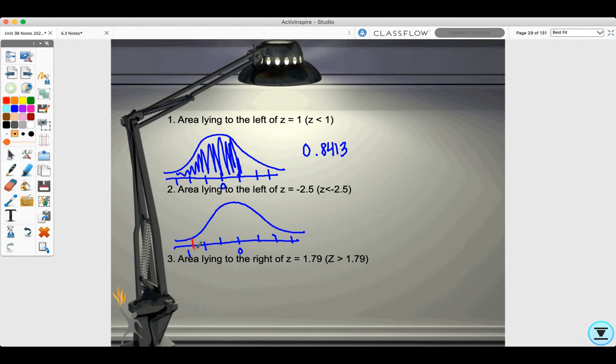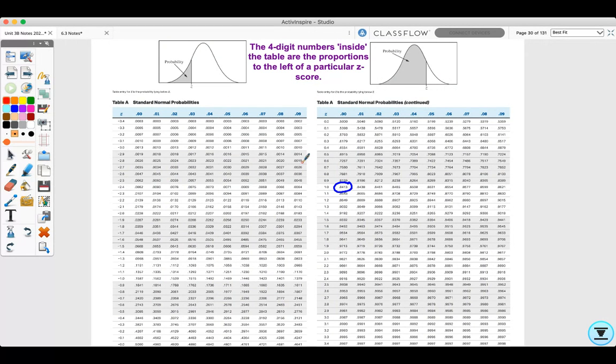Negative 2.5 would be here, and it's to the left. Again, you would go to your table and look for negative 2.5. Negative 2.5 is here. It's negative 2.50 because we have 0, 0 here. So it'd be this value here, 0.0062.